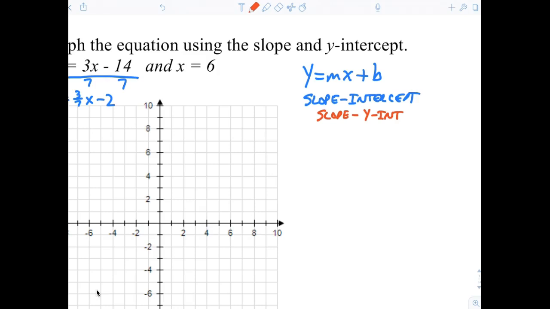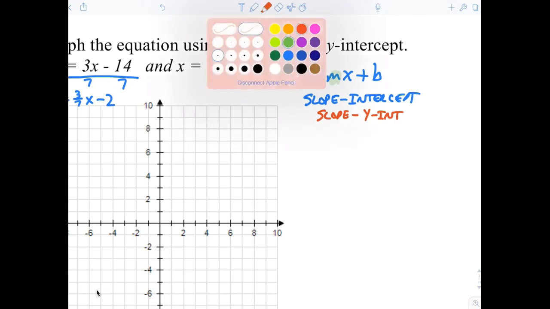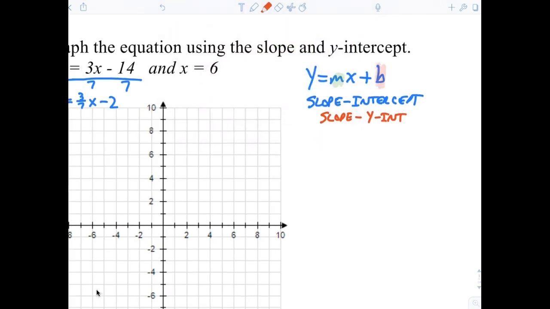Now, m is obviously the slope. We already talked about that. Since m is the slope, what do you think b is? The what type of intercept? The y-intercept. Beautiful, guys. So b represents the y-intercept. Now, the y-intercept is a point.